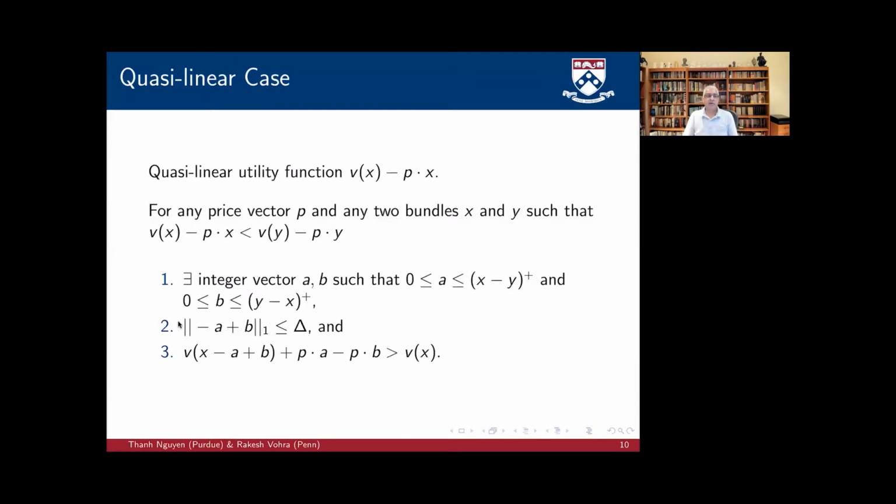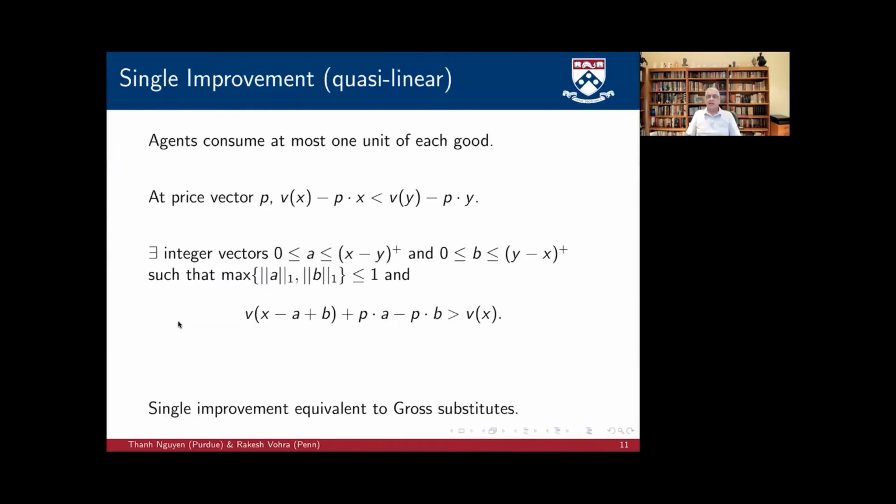Yes, Naomi, there is a relation between delta substitutes and gross substitutes, and this is what I'm about to describe next. So I'm first going to describe the single improvement condition of Gul and Stacchetti. In their paper, they had quasi-linear preferences, and agents were interested in consuming at most one copy of each good. And what was the single improvement condition?